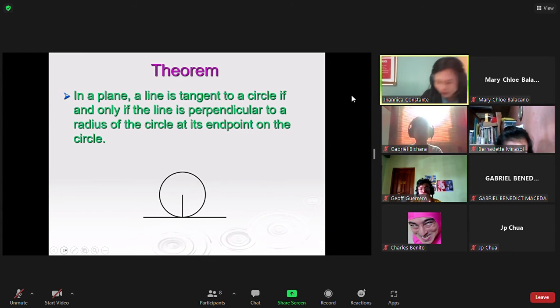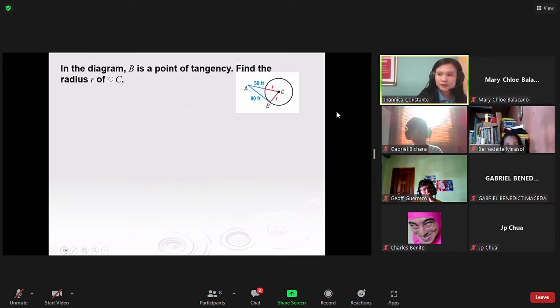For example, the first theorem that we have for the secant and tangent is the perpendicular line. If a line is tangent to a circle, if and only if the line is perpendicular to the radius of the circle at its endpoint on the circle.